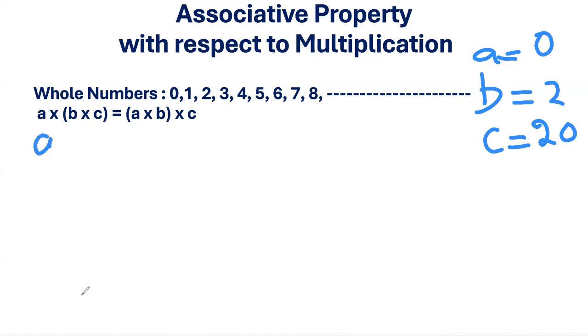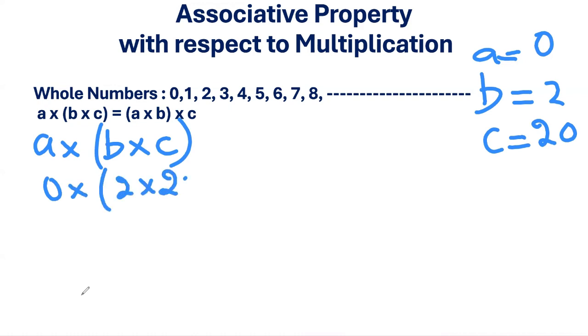You have to start checking with the left-hand side, A multiplied by B multiplied by C. A is 0, B is 2, and C is 20. Brackets to be solved first. Although 0 is there, 0 multiplied by anything will give you 0.